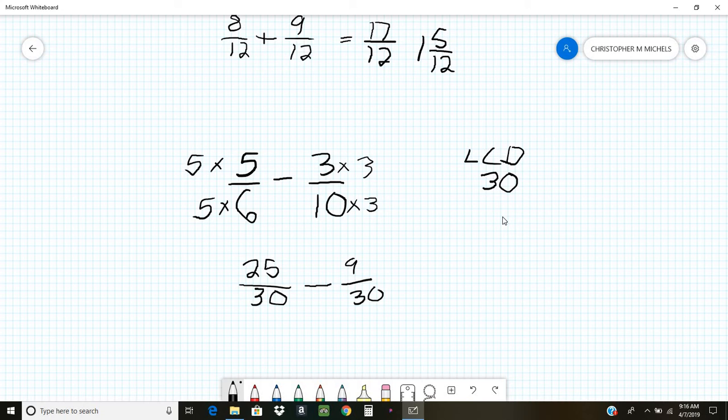Okay, so now we just go ahead and subtract these. Let's see, 25 minus 9, what does that give me? 16 over 30. And we ask ourselves, okay, is this reduced all the way? And again, oops, put the equal sign there. And again, you should think, okay, these aren't reduced because these are both even numbers, so we know 2 can go into these.